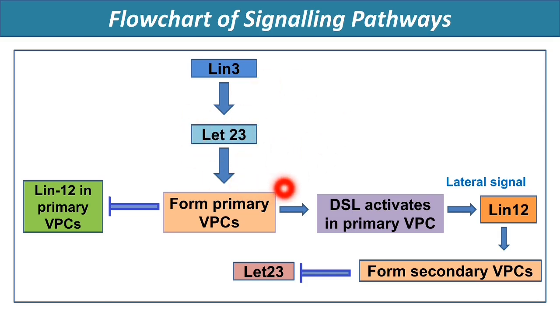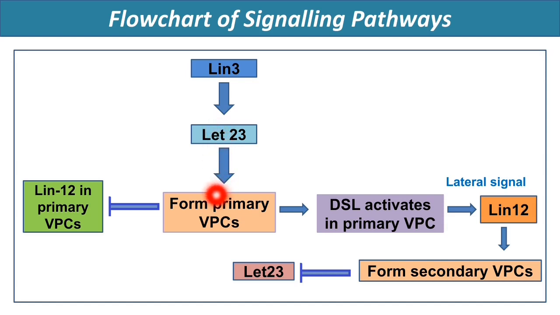So at first, see, there is a Lin-3 protein which binds with its receptor, that is the LET-23 receptor, present on the VPCs. Those cells having the LET-23 receptor will get a high concentration of Lin-3 protein, because Lin-3 protein acts as a ligand for the LET-23 receptor.